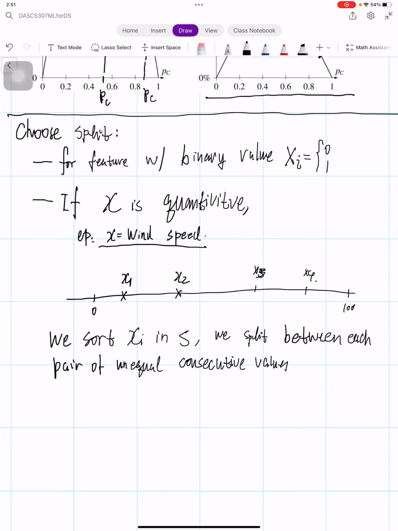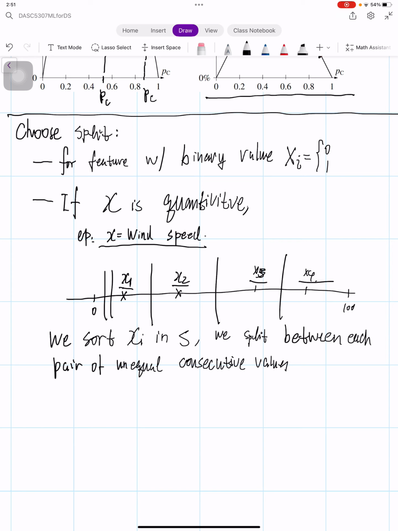For example, if we sort our data and only have four points, cutting from here or cutting here is the same. So you just find a middle point, cutting between the consecutive points. So that's all the possible choices for the split.